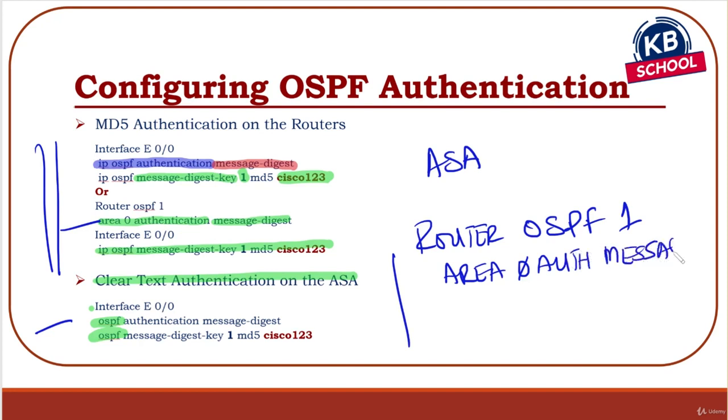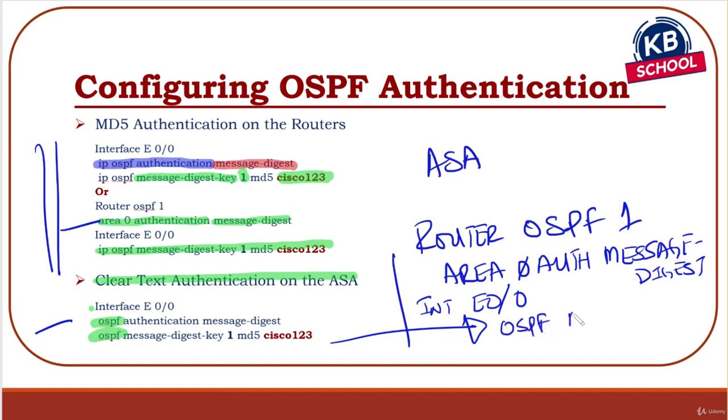So I set up the authentication globally under the routing process, and then under the interface, I would only need to do what? The key command, which would be OSPF message-digest-key 1 md5, whatever.